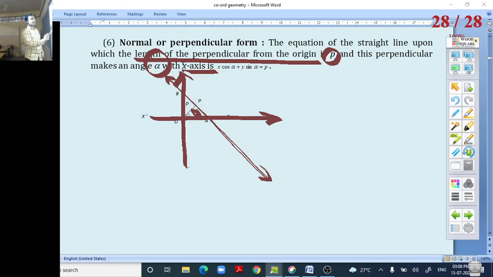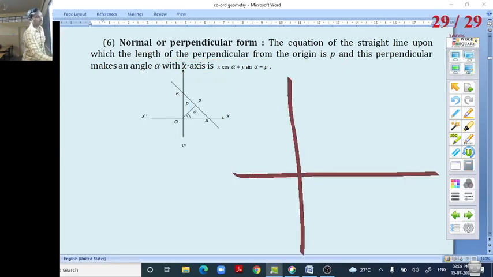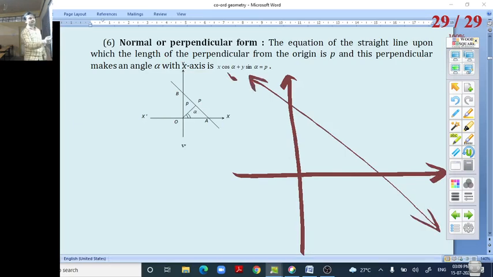You can observe that the angle is alpha, and p is the perpendicular distance of the line. Suppose I redraw the picture here: there is a line L, the perpendicular distance is p, and the angle made by this perpendicular with the positive direction of the x-axis is alpha.